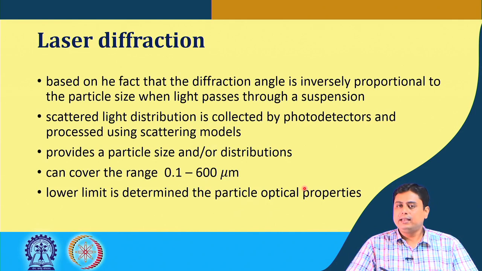So, if there is a single particle in the suspension and laser light is reflecting from there, you can determine a single particle, or if there are multiple particles suspended in a suspension, the collective response will give you the particle size distributions. By this technique, one can measure from 0.1 to 600 micron particles.